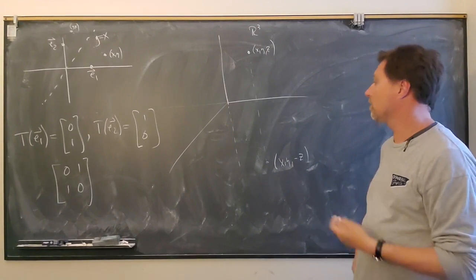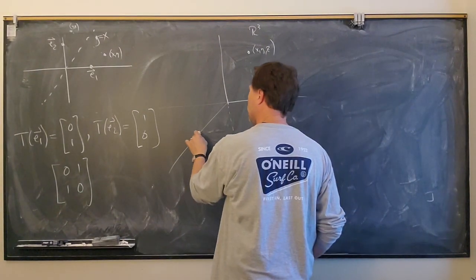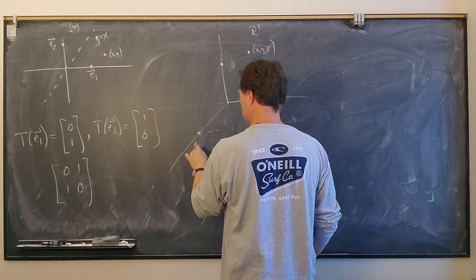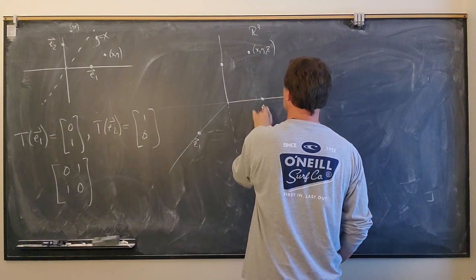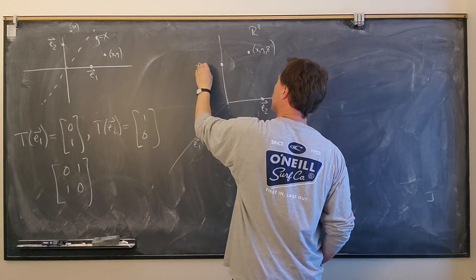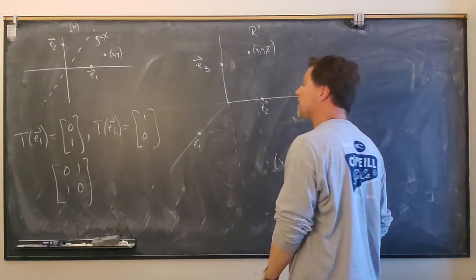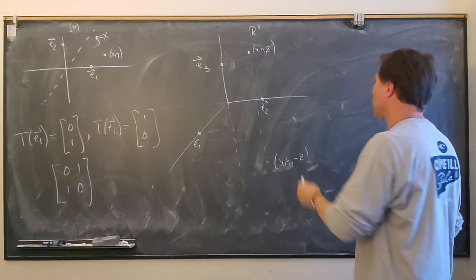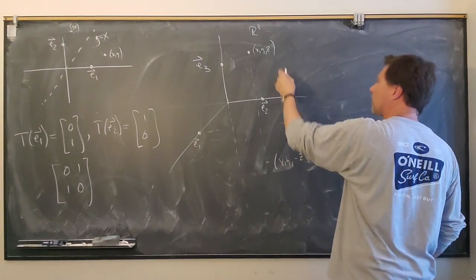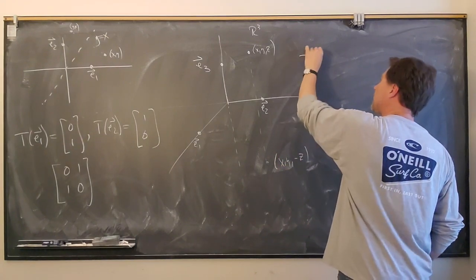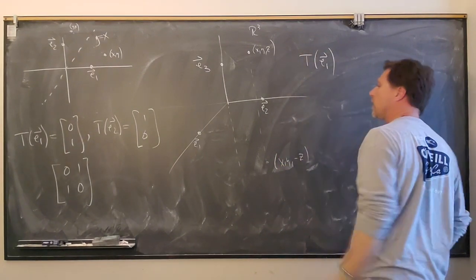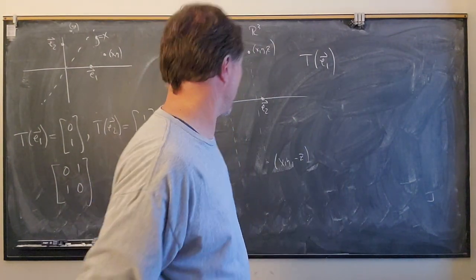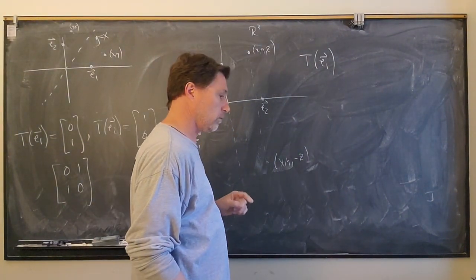To find the matrix corresponding to this one, we figure out what happens to the standard basis vectors. Now we're in R3, so the standard basis vectors are E1, E2, and E3. If we call this reflection T, what is T of E1? If we're reflecting about the XY plane, nothing happens to E1.